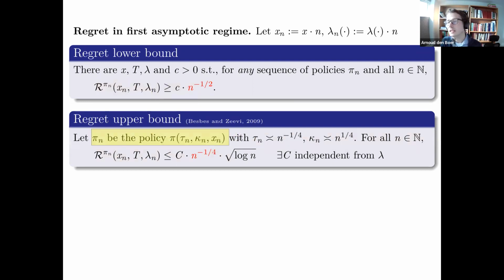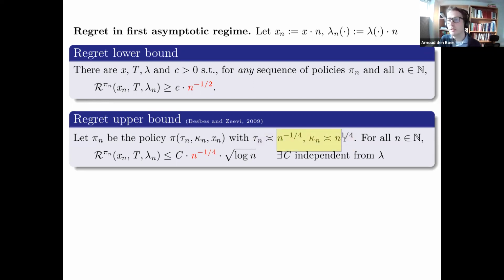This policy that I just showed, this simple policy that just divides the time horizon in two phases. First, you explore with prices, then you estimate, and then you exploit the knowledge that you have. This policy has a regret of n to the power minus 1/4. Remember, there were these parameters tau and kappa related to how long you explore and the distance between consecutive exploration prices.